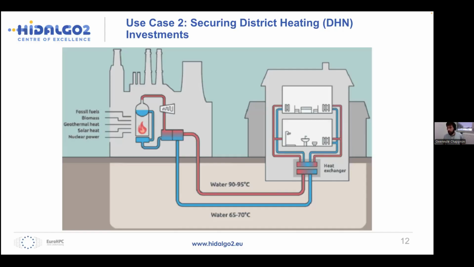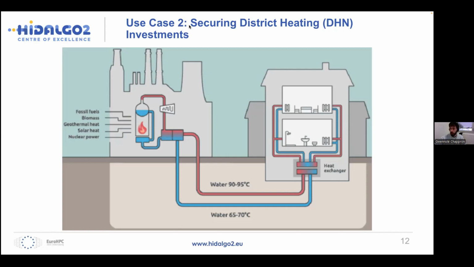So they can run a benefits-risk analysis of deploying a new branch for the district heating network. That is the use case for the investment for district heating.